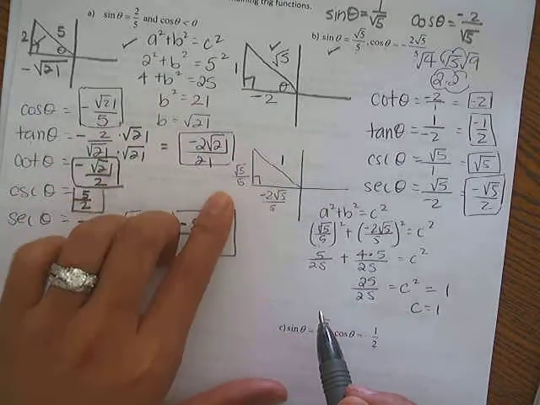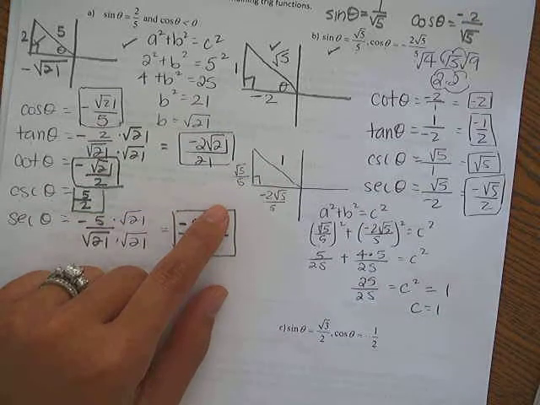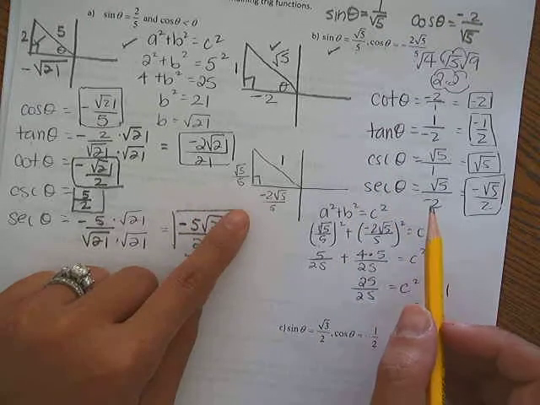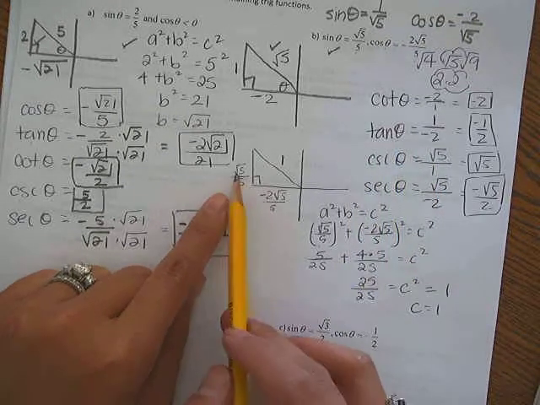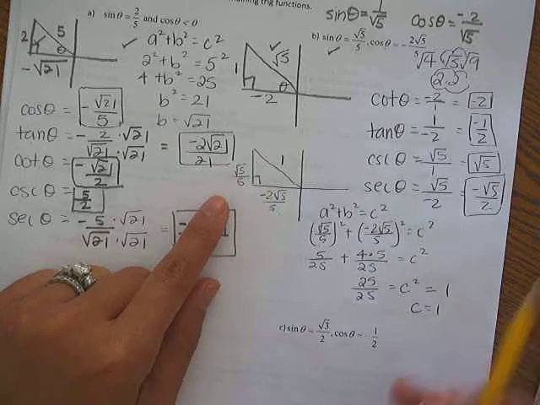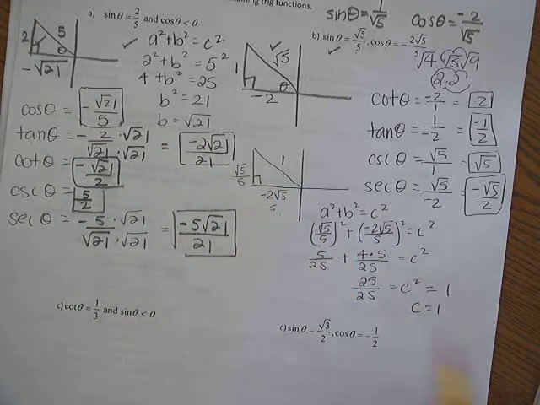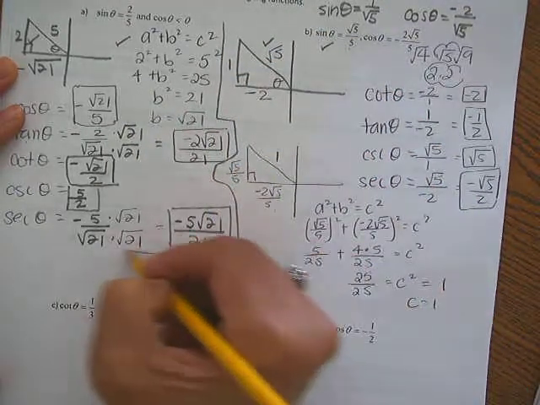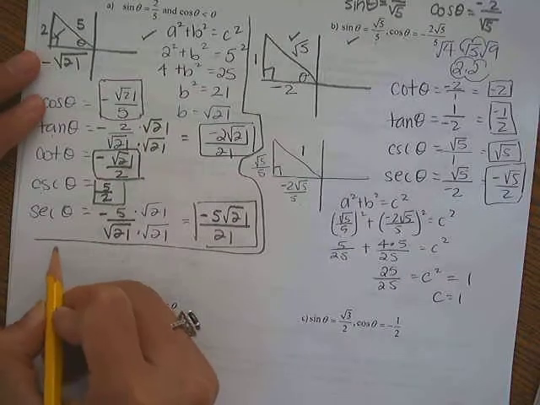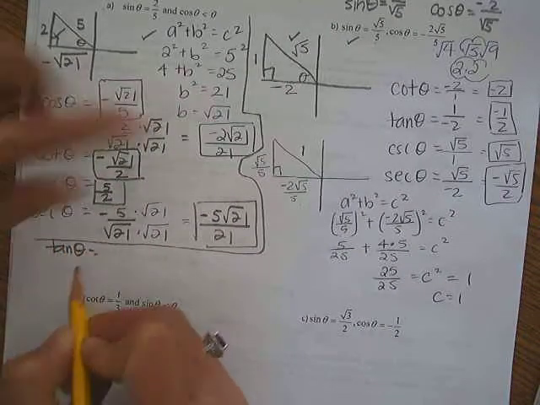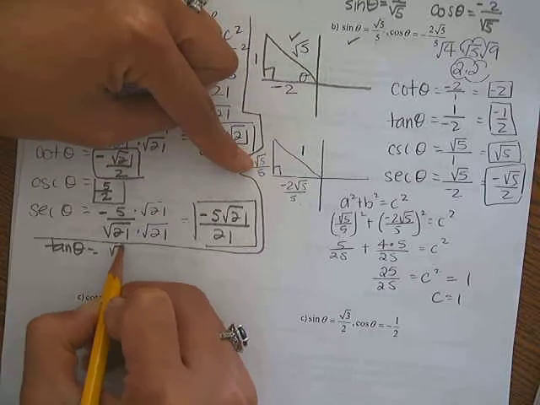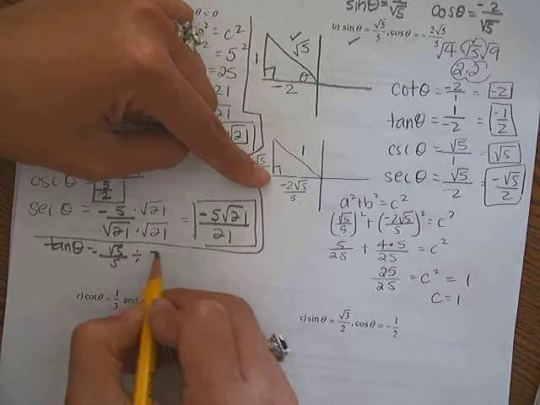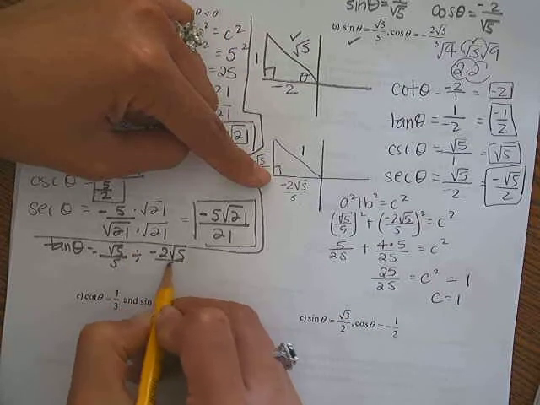If this is a unit circle, then let's see what happens when I do cotangent, tangent, cosecant, and secant. So, tangent, opposite over adjacent. Let me create some space here. Tangent of theta equals opposite, which is rad 5 over 5, over, which just really means division, over negative 2 rad 5 all over 5.